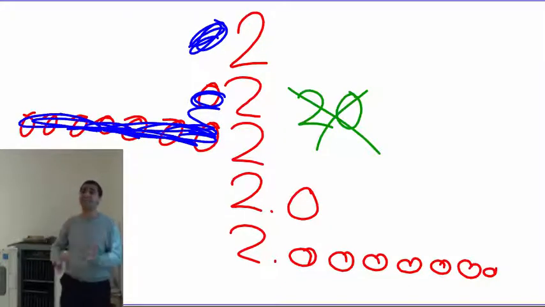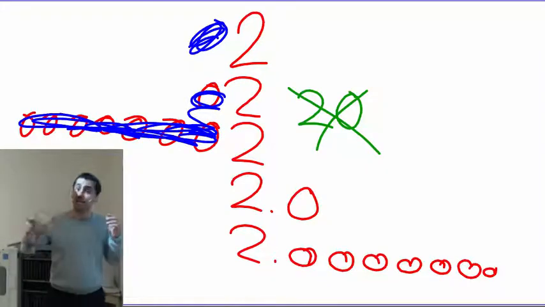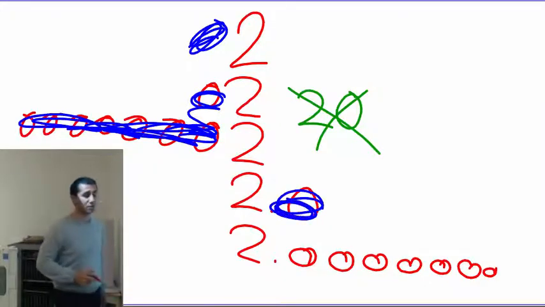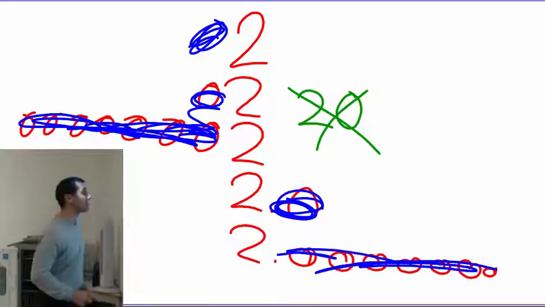But it works exactly the same way for the decimal zeros at the end as well. So you have 2.0 here. Ignore that. This is just 2. Or you have more zeros here. It is just 2.